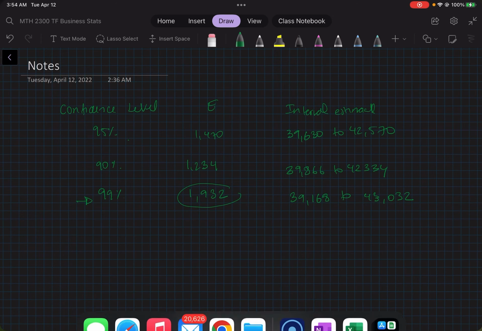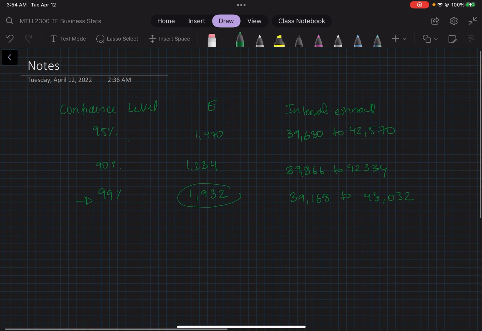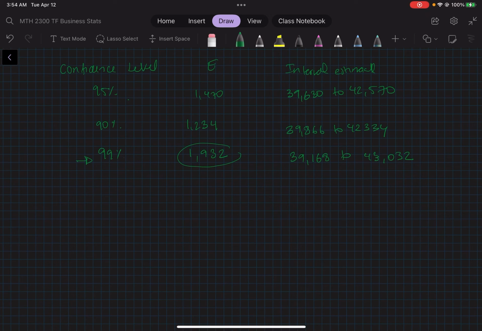And I think a couple of other things that I wanted to mention is in terms of adequate sample size, and this holds true for confidence intervals with the standard deviation of the population known, and for the standard deviation of the population unknown. Okay, so for most applications, we want n greater than or equal to 30.